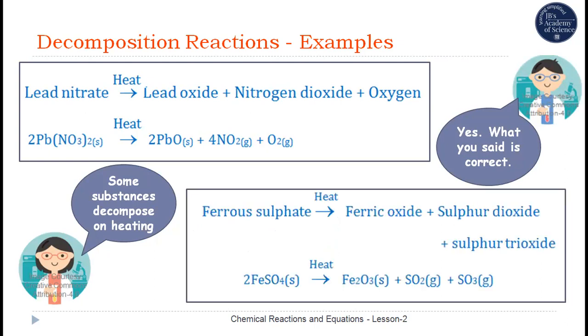Ferrous sulfate on heating decomposes to ferric oxide plus sulfur dioxide plus sulfur trioxide. So in all these reactions, one single substance gets decomposed into two or more new substances. These type of reactions are decomposition reactions.